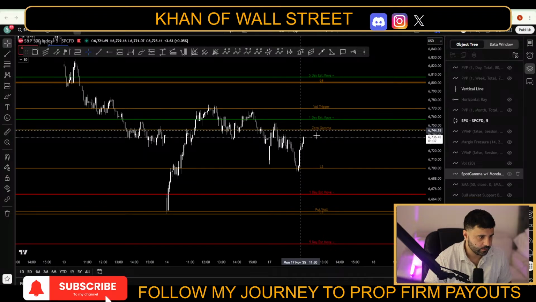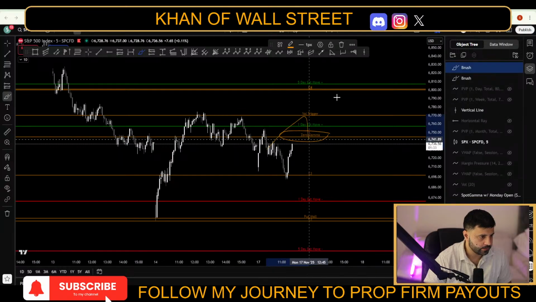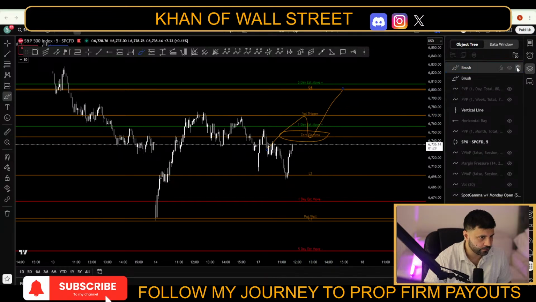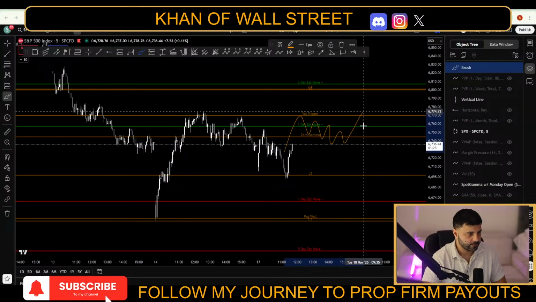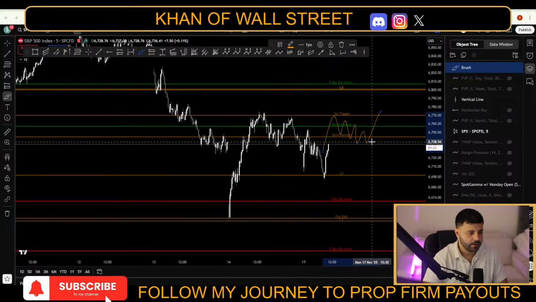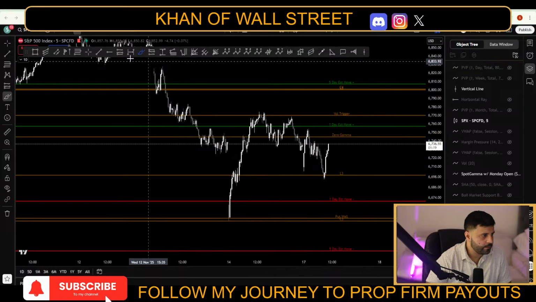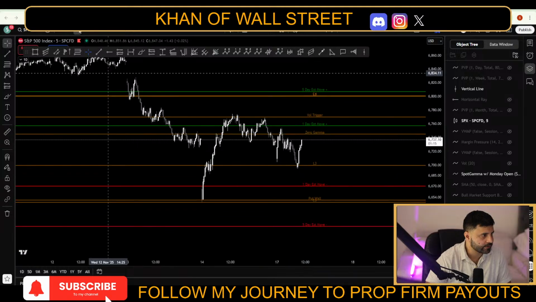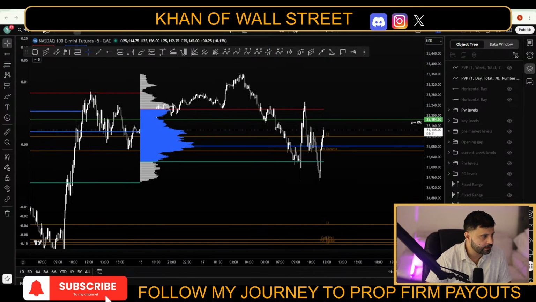Want to see SPX above the zero gamma line. I'll start to move towards these levels. I don't know if that's going to happen today though. I think we'll probably see something like this. Not expecting a massive rally in either direction. Just more range trading.